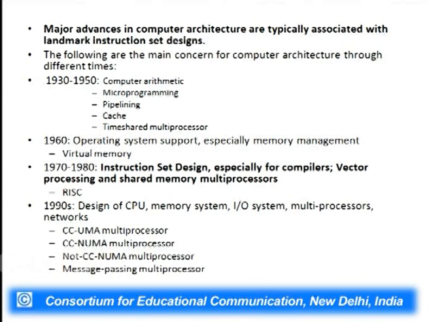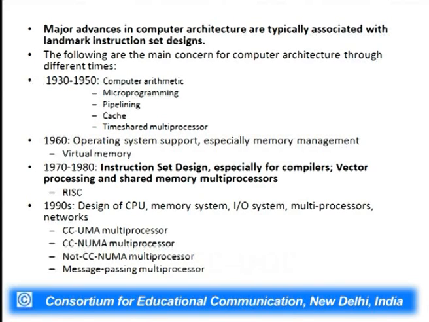The 1960s marked operating system support as a vital concern, especially memory management and the introduction of virtual memory. In the 1970s to 1980s, instruction set design specifically for compilers, vector processing and shared memory multiprocessors, and the introduction of RISC, that is, reduced instruction set computers.